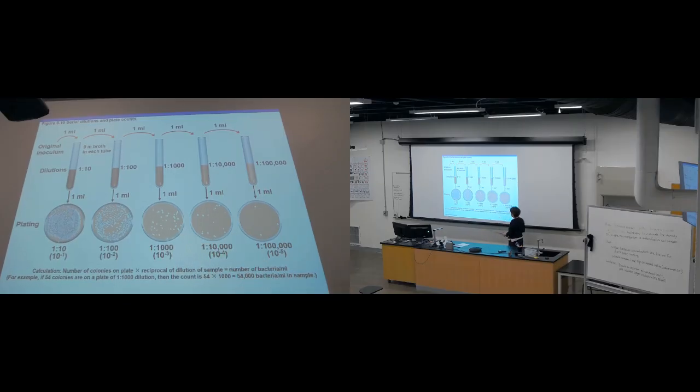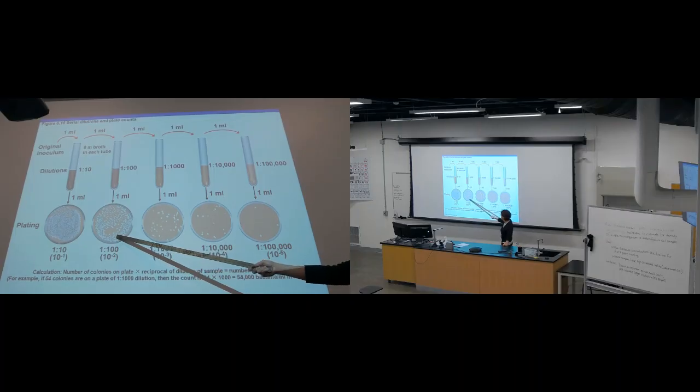And if you are dividing the number of original colonies by 10 every time, and this one had 54, how many should you have in the previous one?